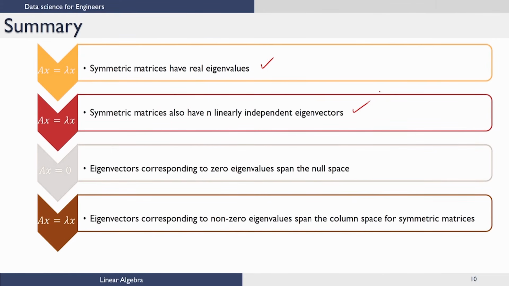We saw that the eigenvectors corresponding to 0 eigenvalues span the null space of the matrix A, and eigenvectors corresponding to non-zero eigenvalues span the column space of A for symmetric matrices. With this we have described most of the important fundamental ideas from linear algebra that we will use quite a bit in the material that follows.